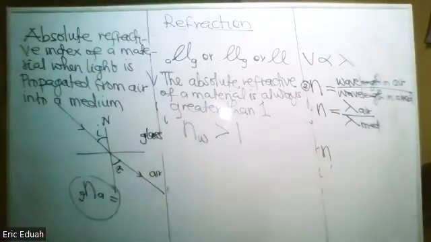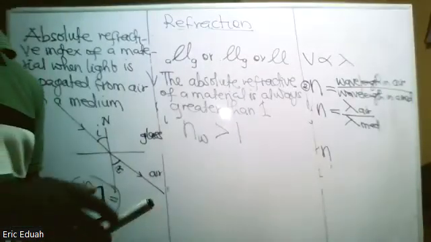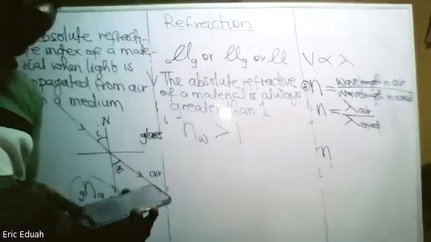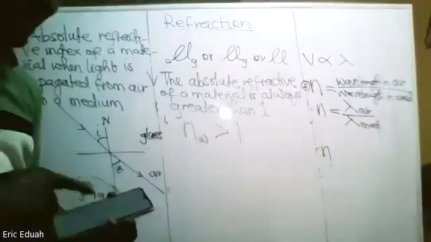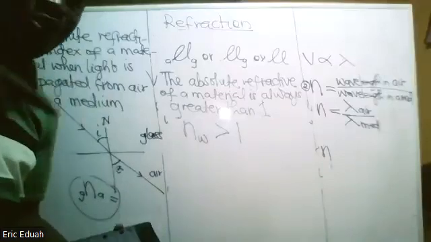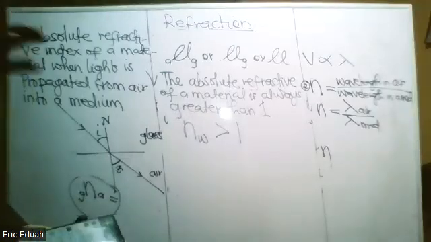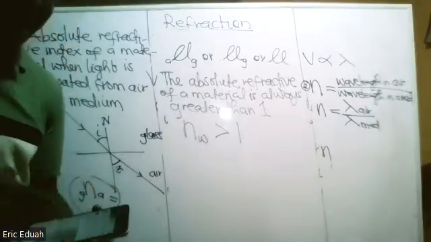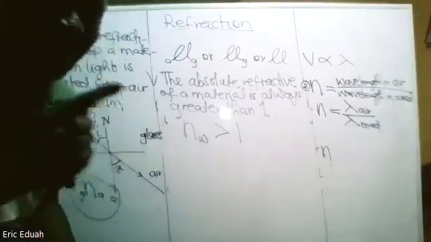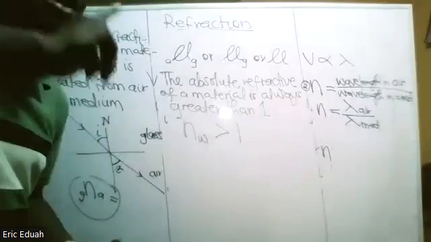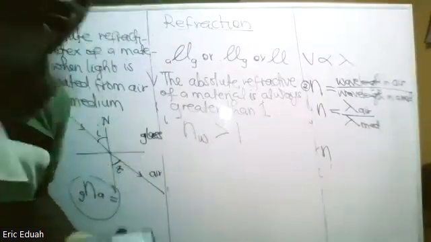Edubia? Mr. Dia, please, does it mean that the wavelength of light in air is always greater than the wavelength of light in any other medium? Okay, so your question is that the wavelength of light in air is greater than the wavelength of light in another medium.